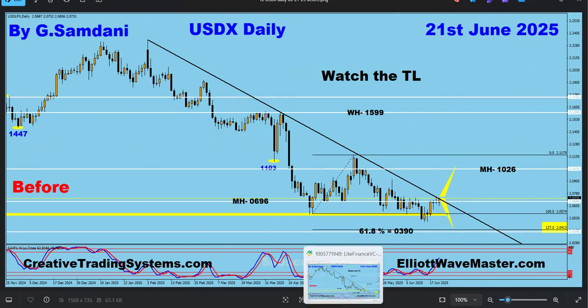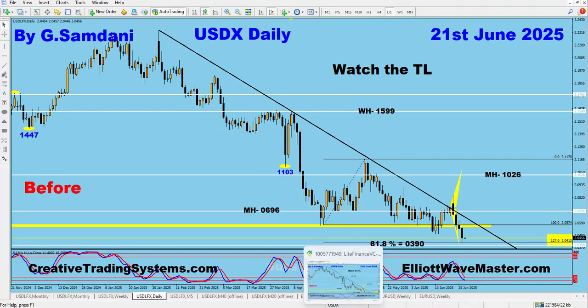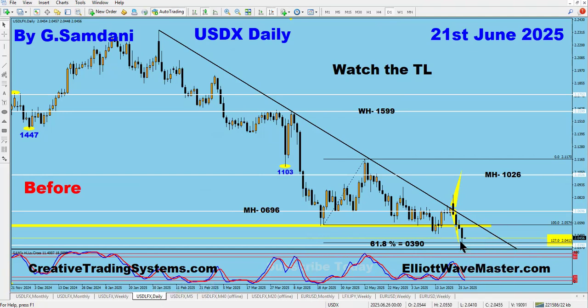And watch what happened today. Boom. We came and we kissed that line, 61%. So not 61% that line, 0390, but 127, 04, 13, that extension, and then we kind of pulled back, right? So this is what happens, the USD, and maybe this will be, or maybe should be the end of the road to the downside.